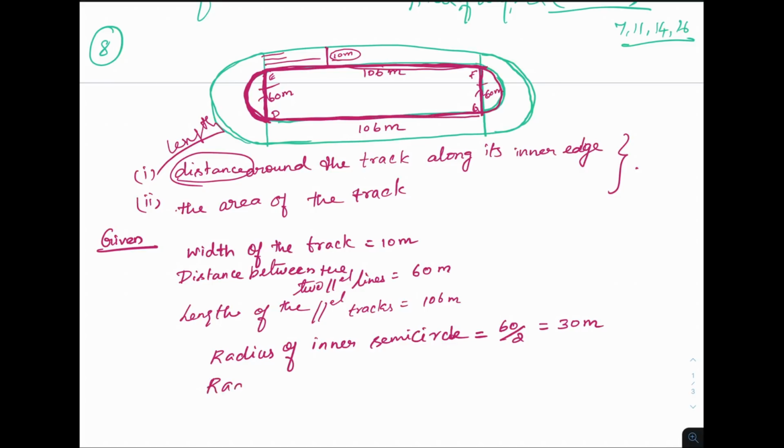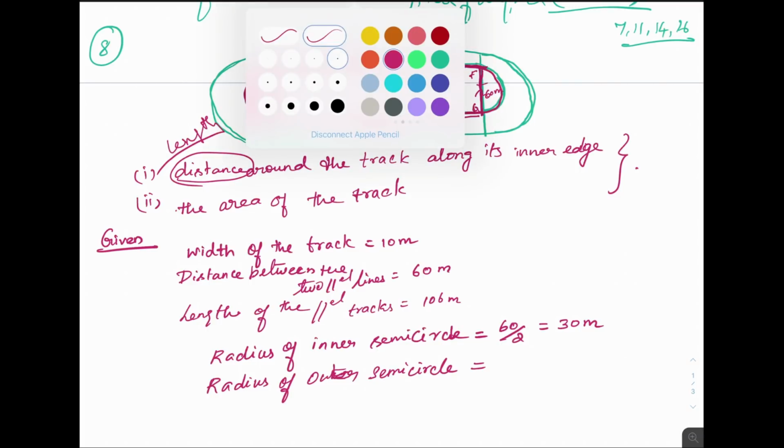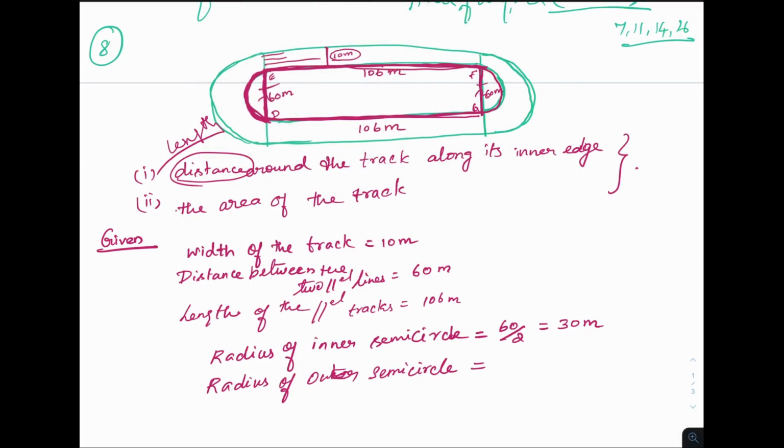Likewise, radius of outer semicircle will be, so here only the inner semicircle's diameter will be 60. Outer, in the sense we need to add both widths. Here we have 10 meter, here we have 10 meter.